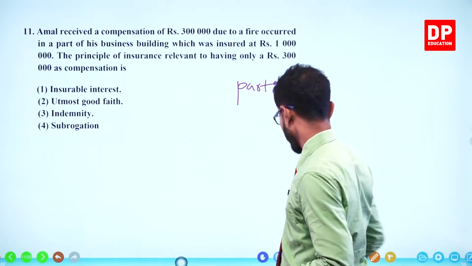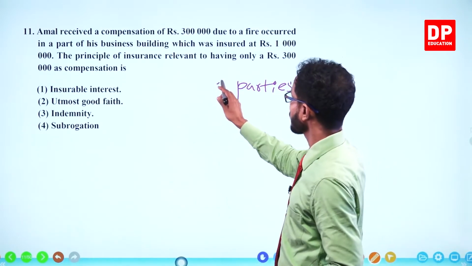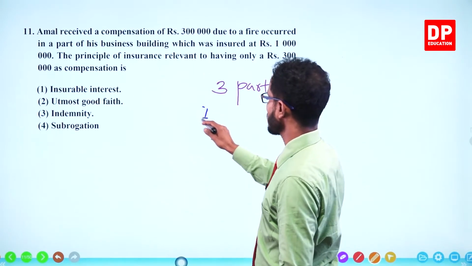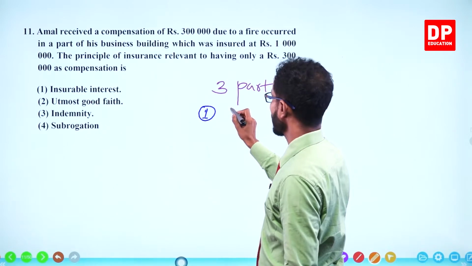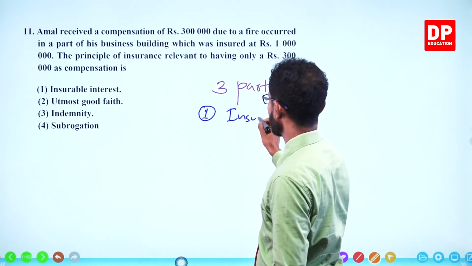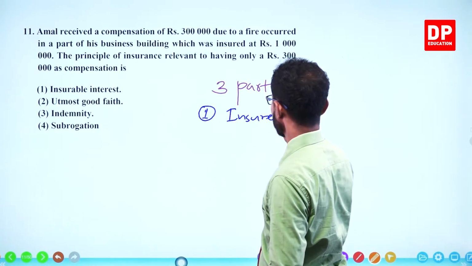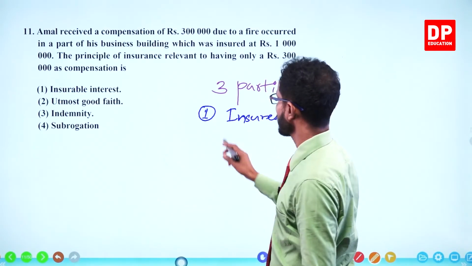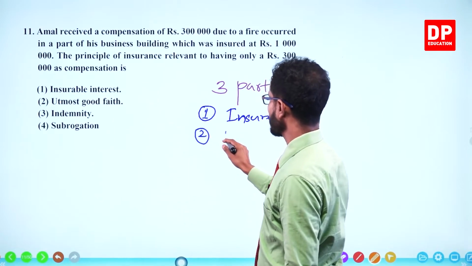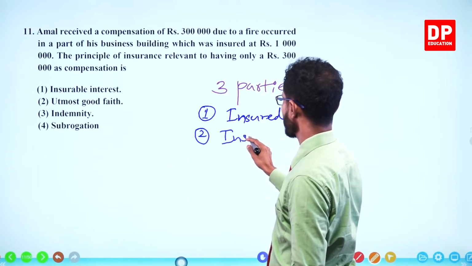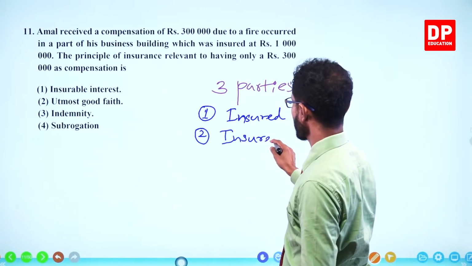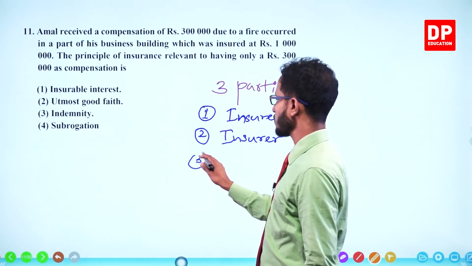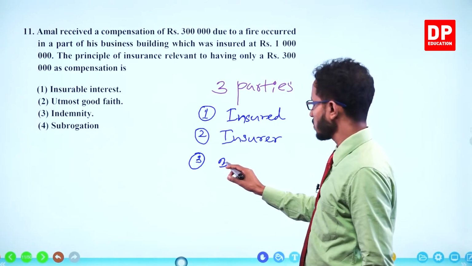You know that the three parties are: the first party is the insured, the second party is the insurer, and the third party is the third party.